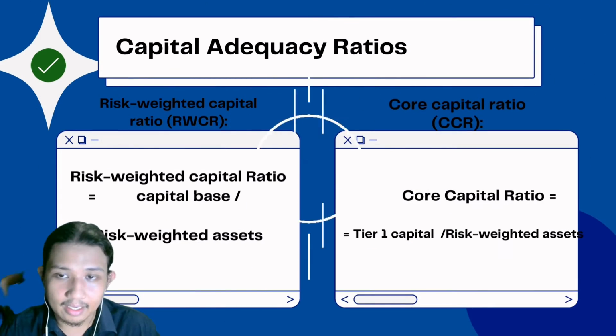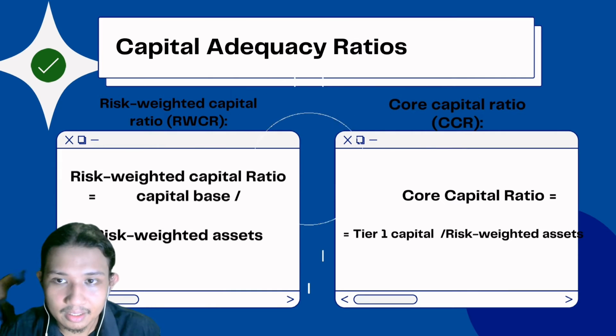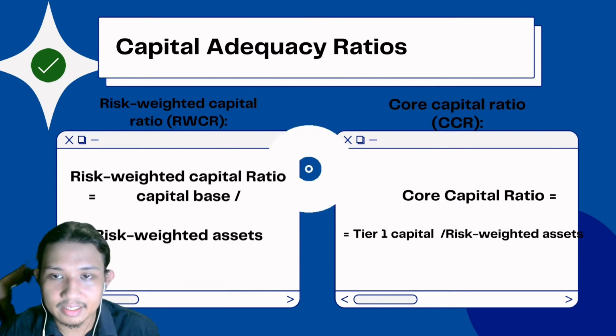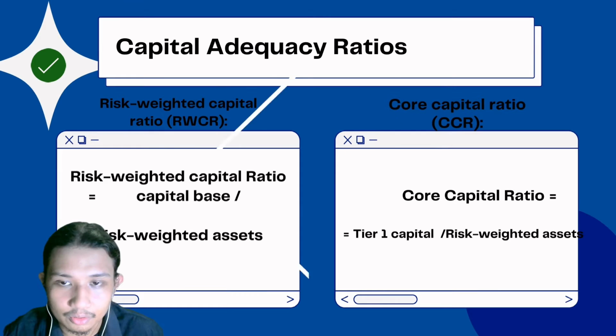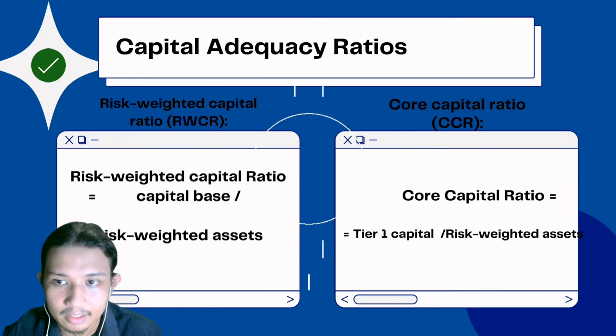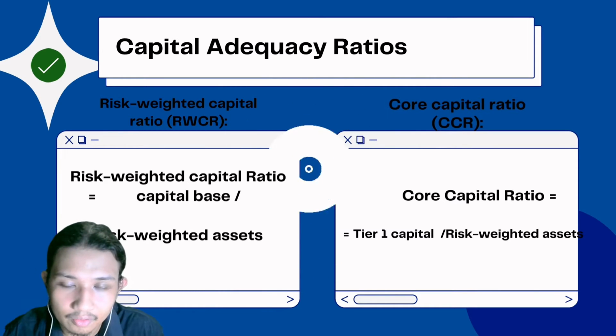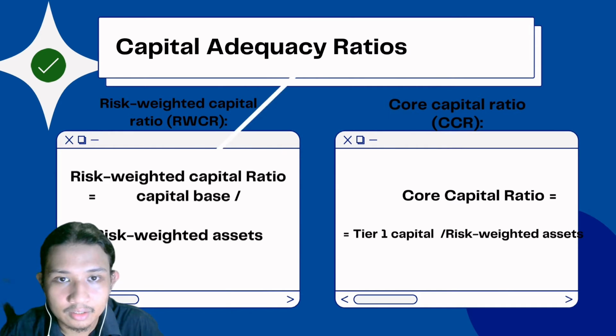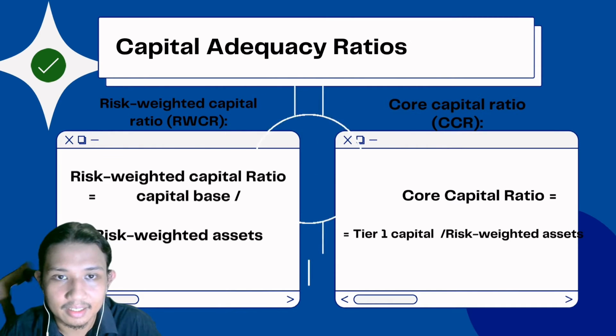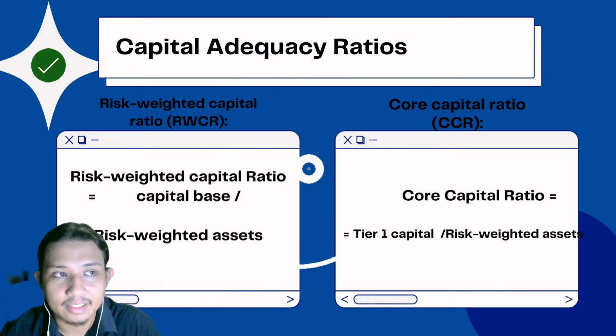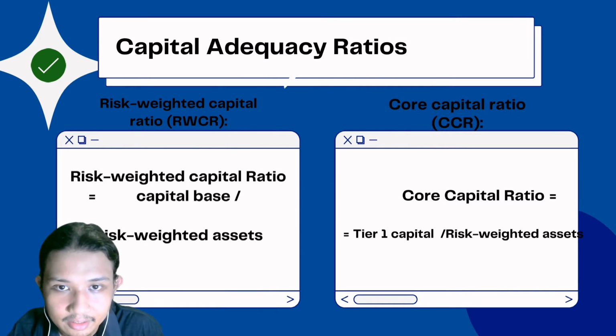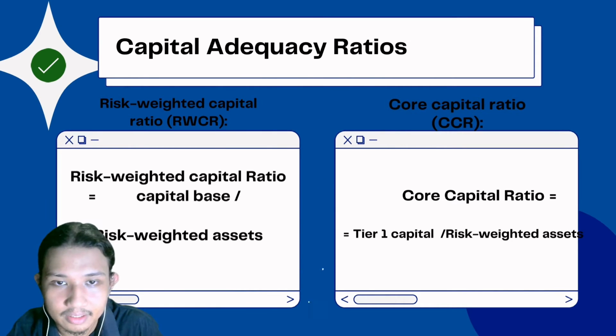Okay, there are 2 types of capital adequacy ratio. First is risk-weighted capital ratio and second is core capital ratio. The function of the 2 ratios is to measure the bank performance and also to measure the capital relating to the amount of capital to risk-weighted assets.